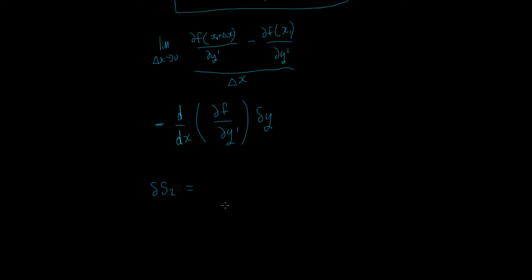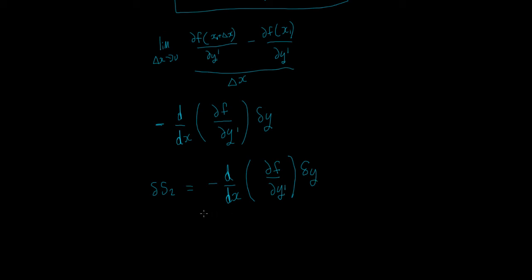So now we can write, it's minus d by dx df by dy derivative times delta y.